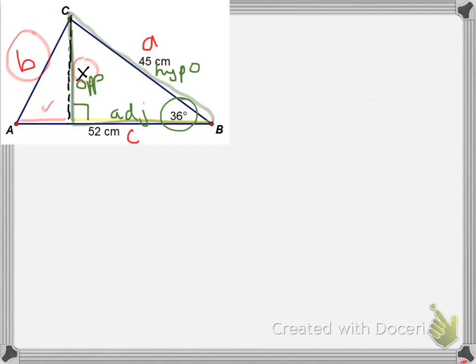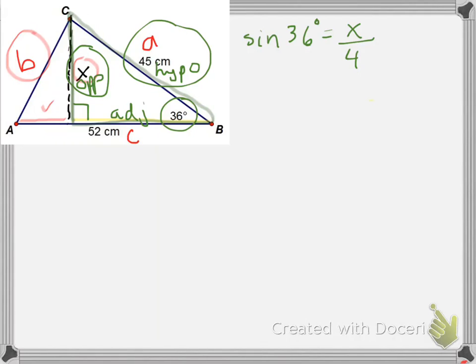So what trig function will get me x? Well, I know the 45, so I need this one here. That's sine. Sine of 36 degrees equals opposite x over hypotenuse, which is 45.